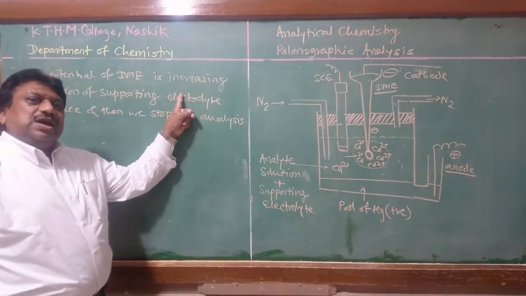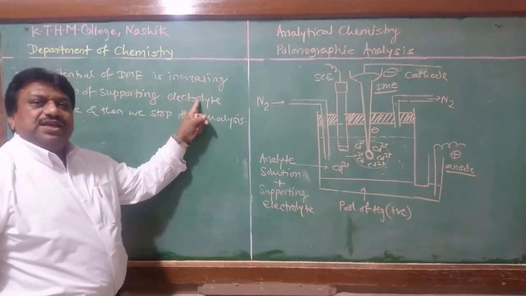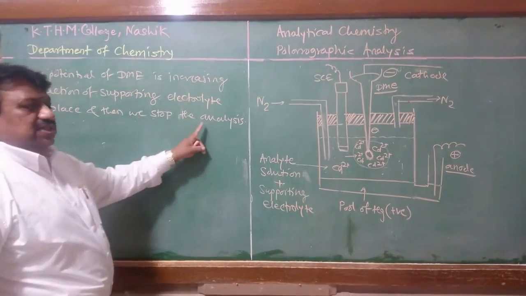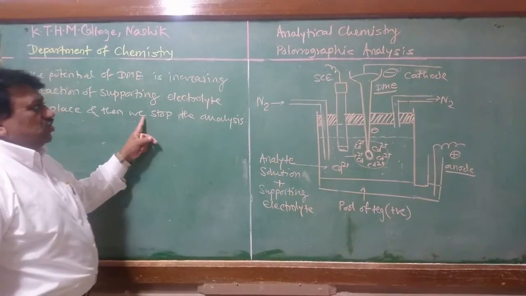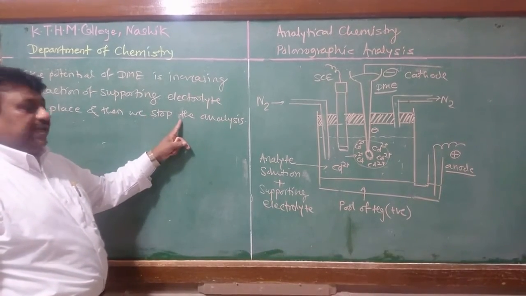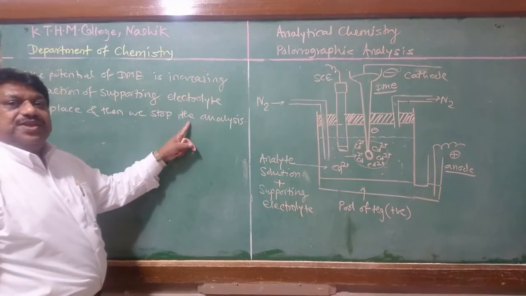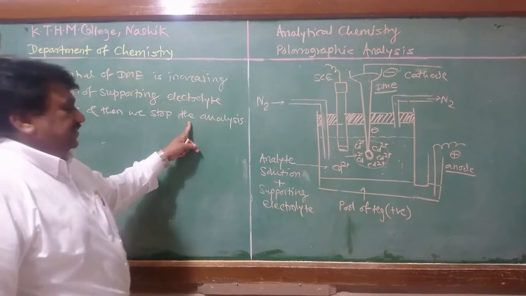Therefore, the signal of completion of the reaction is because of the reaction of the supporting electrolyte. As the analyte is reduced completely, reduction of the supporting electrolyte takes place, and then we can say that we have to stop the electrolysis process.